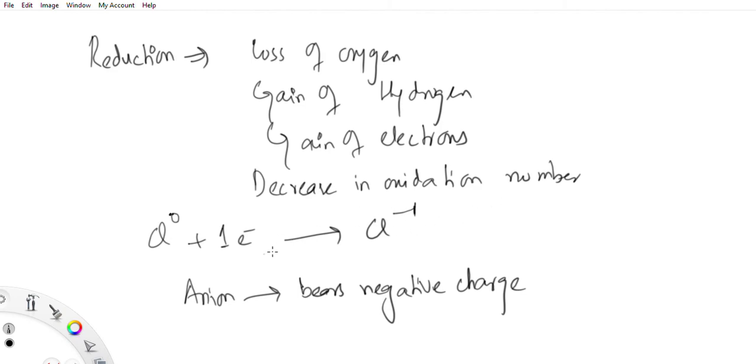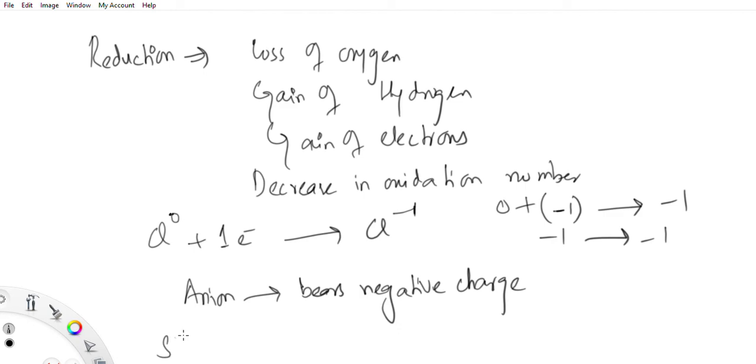Here electrons are gained, so we are adding electrons to the atom, so we have written electrons on the left side. So you can see 0 plus 1 electron, the sign is minus, and here it is minus 1. So plus minus minus, the equation is again satisfied.